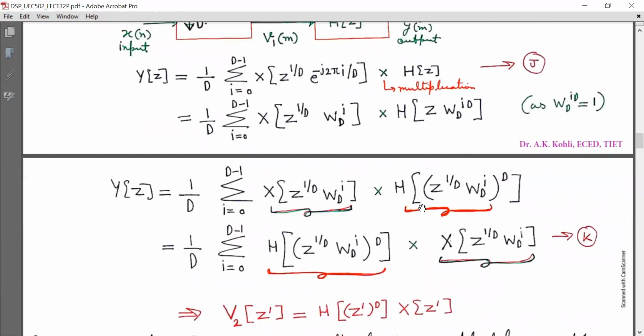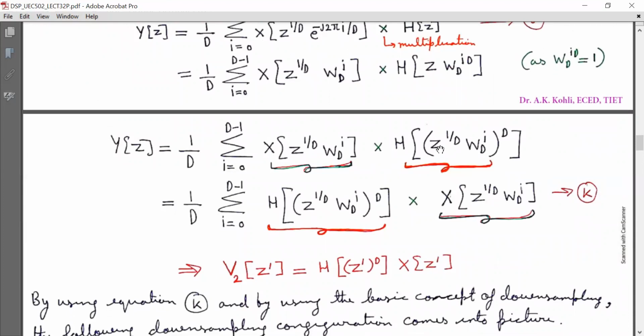Now here I can once more express Y(z) as 1 by D, summation i running from 0 to D minus 1, X(z^(1/D) W_D^i) into H(z^(1/D) W_D^i), this whole raised to the power D, as shown on the screen.